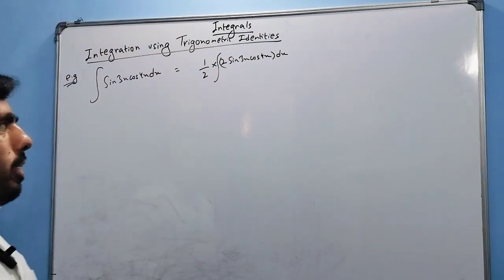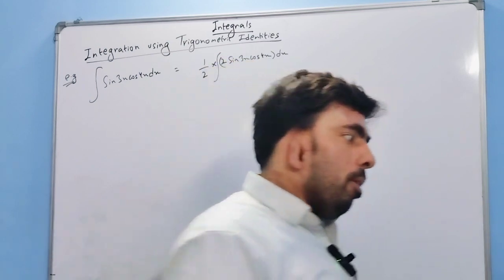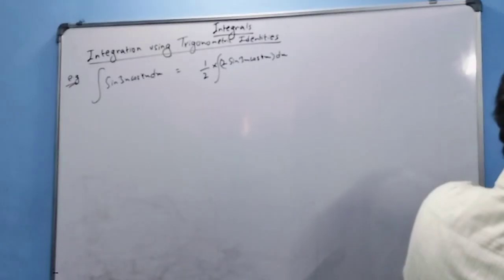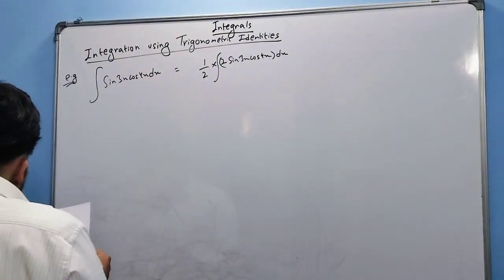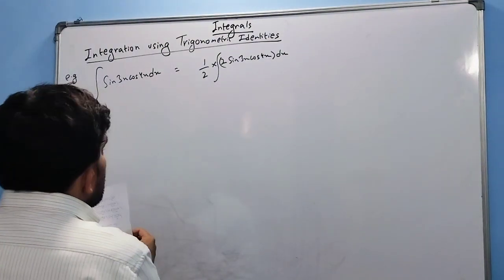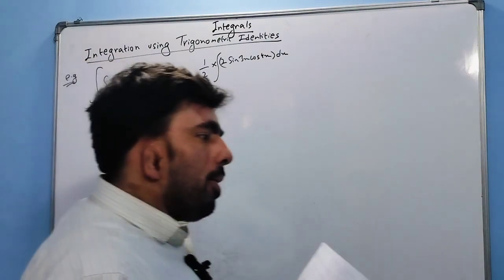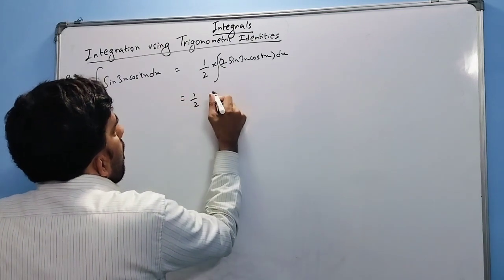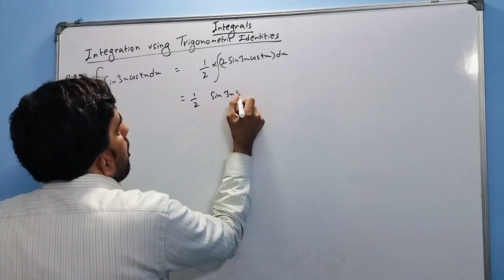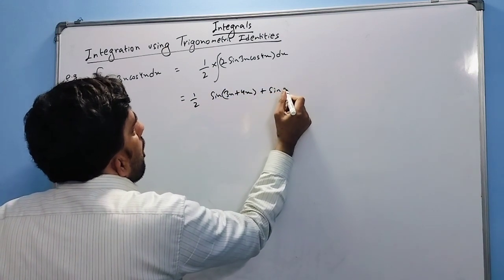The identity will be applied for 2 sin A cos B. We all know the formula for 2 sin A cos B, that is sin(A plus B) plus sin(A minus B).